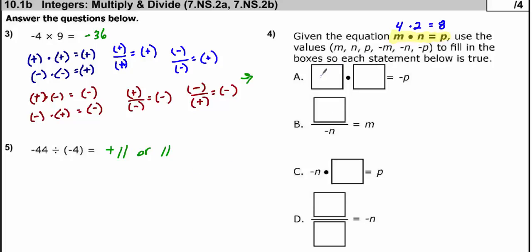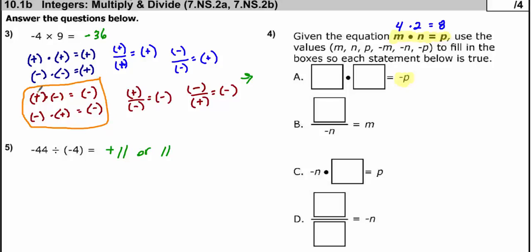When we get down to the multiplication problem, part A, we're trying to get a negative answer, the opposite of p. Anytime we need a negative, here are the 2 multiplication things that give us negatives.